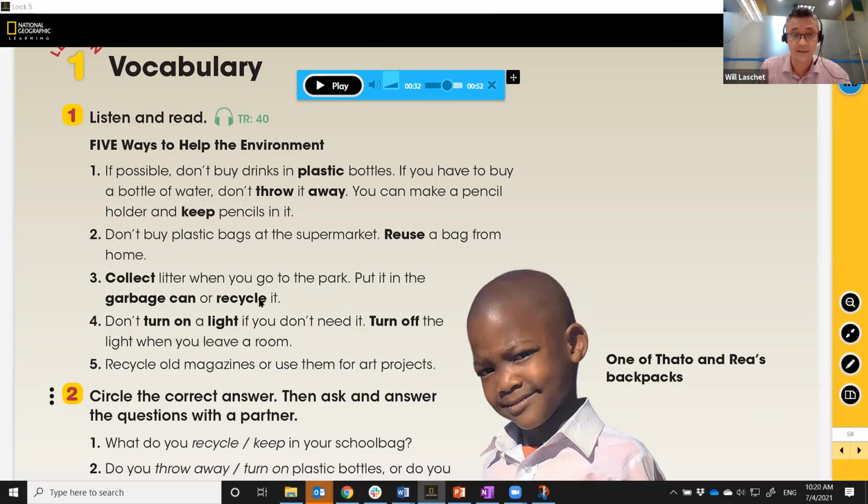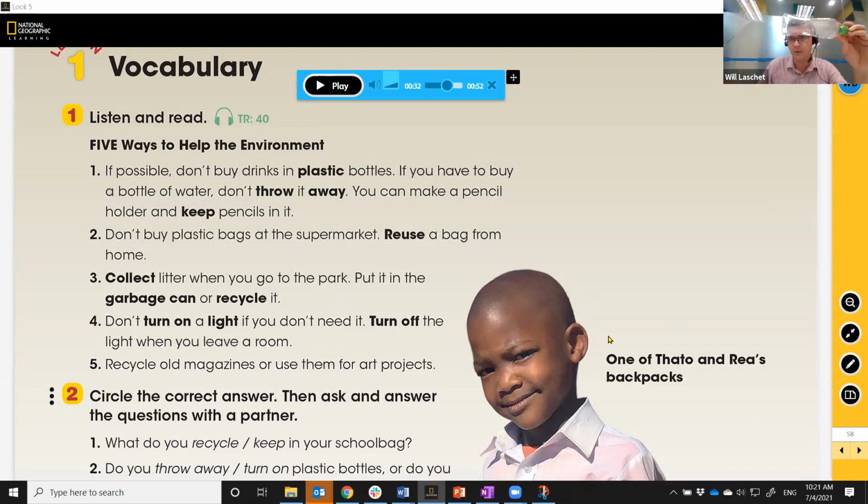That's exactly right. So recycle. So we can recycle aluminium cans. Can you think of another material we can recycle? Apart from aluminium, what else can we recycle? Right, metal, glass, paper, that's right. How about plastic? So what about this?